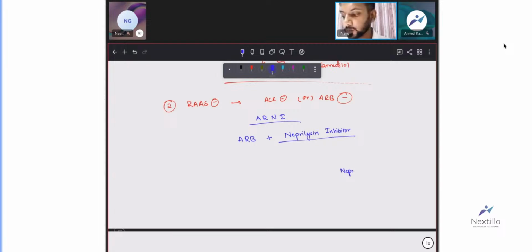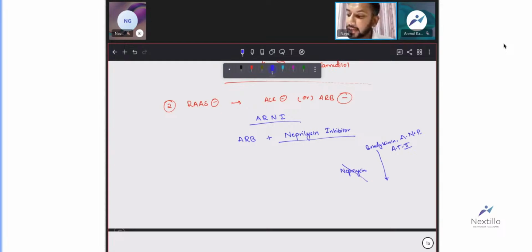What does neprilysin do? Neprilysin will degrade something known as bradykinin, and it is also degrading ANP, atrial natriuretic peptide. If you remember, we studied this also. And it is also degrading angiotensin 2.